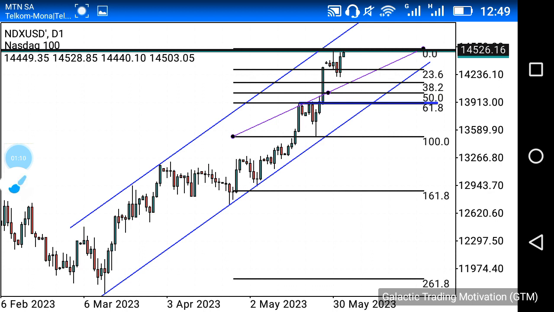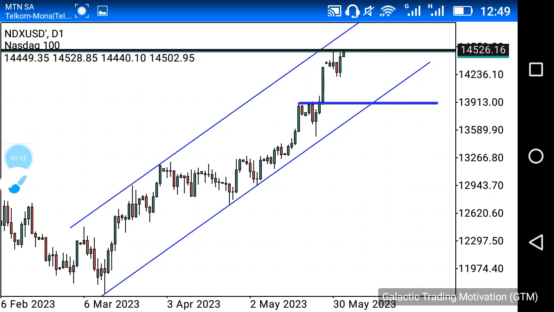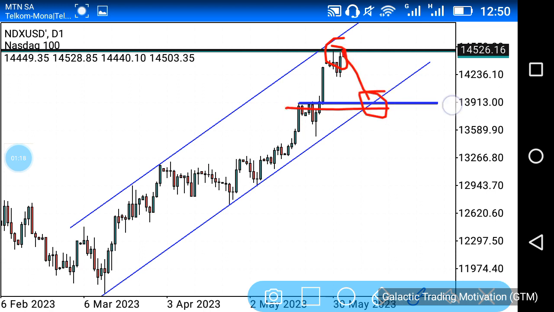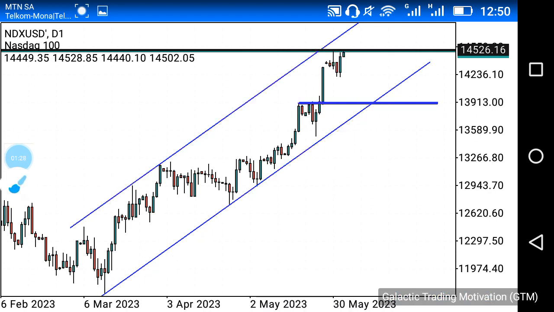So let me just delete this Fib tool. Should price from where it is actually move down to around this level, where we have that neckline is where I believe we should be looking for those potential buying opportunities. And that is because, as I said, guys, number one, we are in an upward trending market. Number two, we actually have a W structure over here.